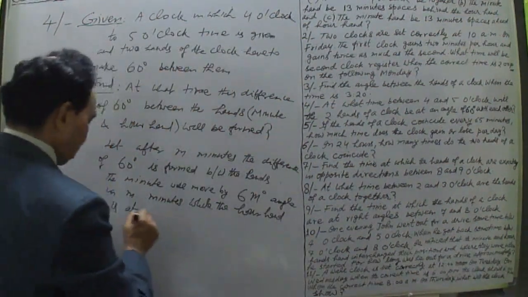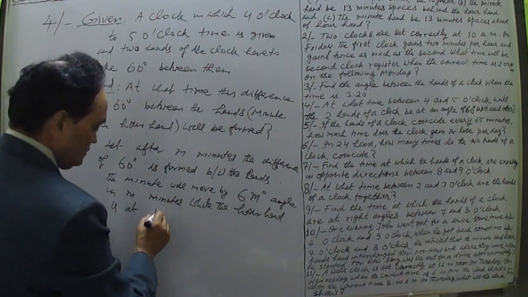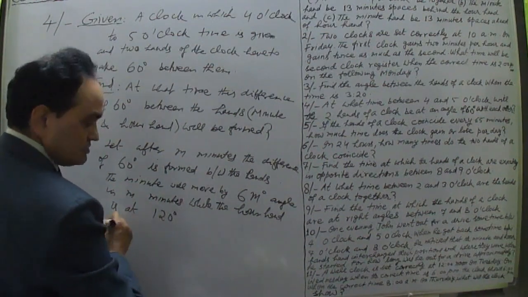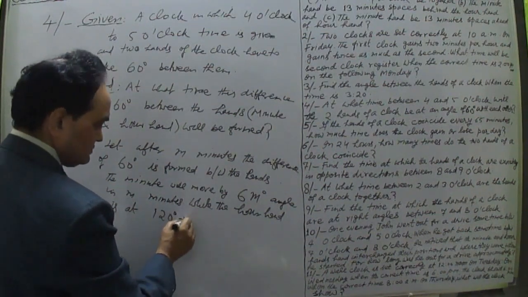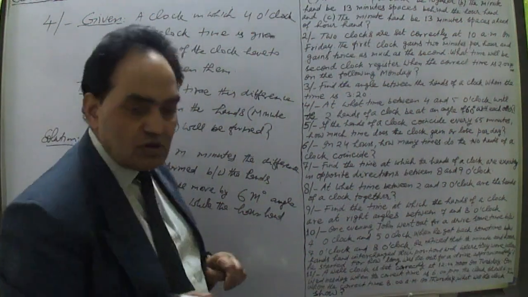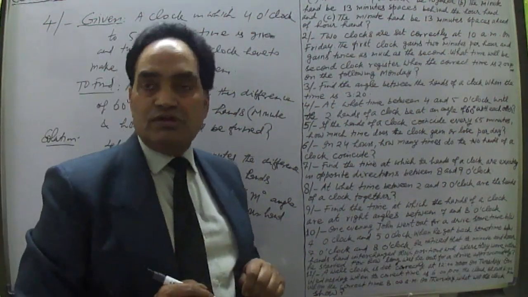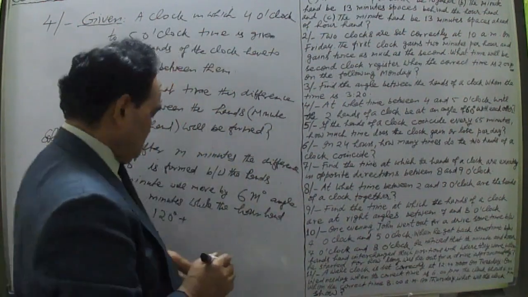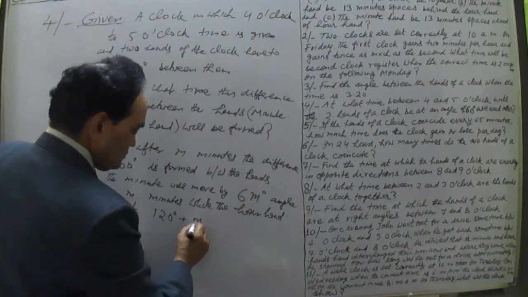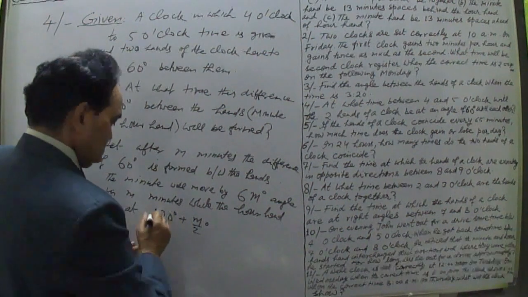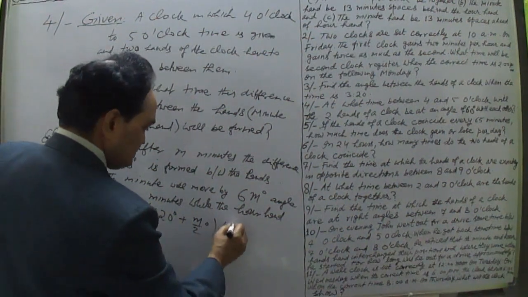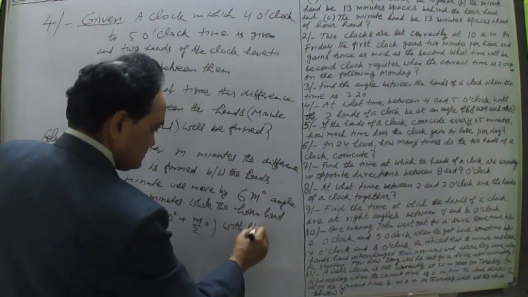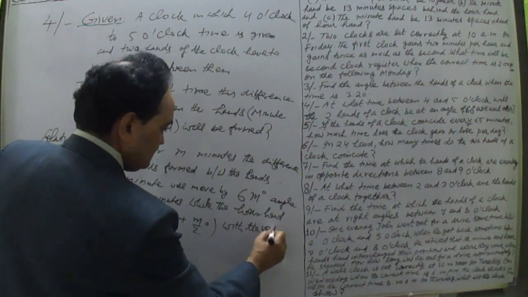The hour hand is at 120 degree plus, but it makes half degree in 1 minute. So in m minutes it will make m by 2 degree. This much angle with the vertical line.